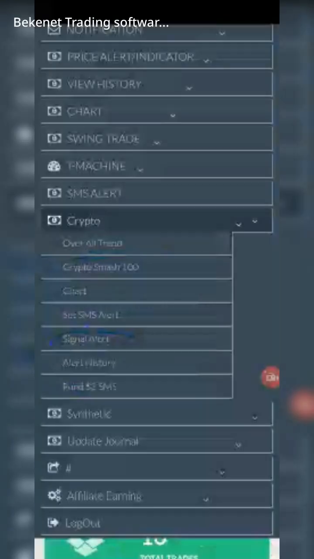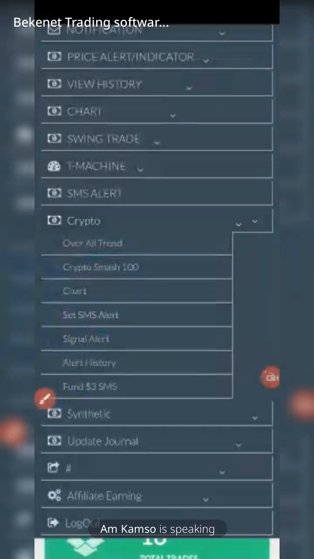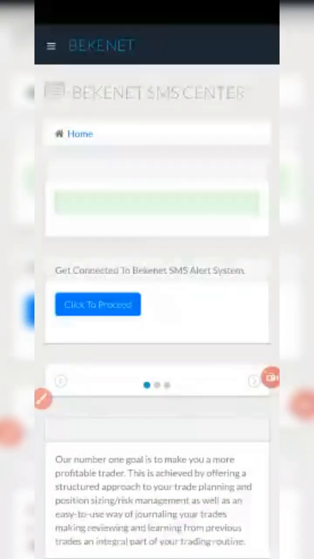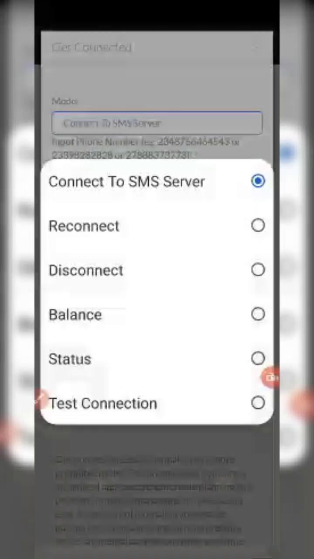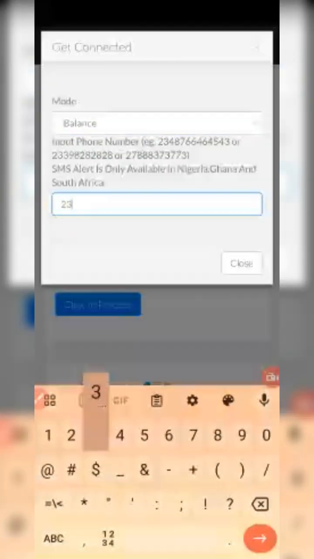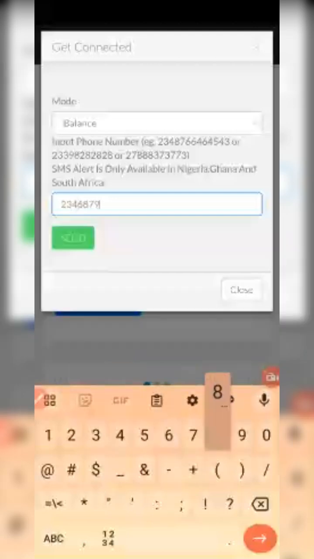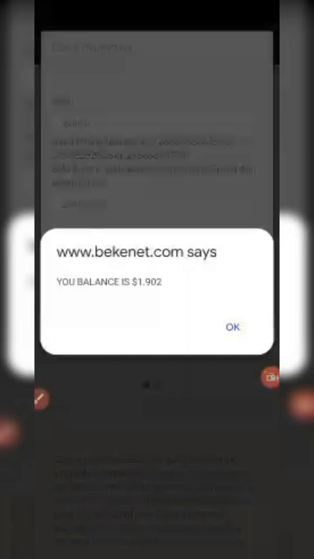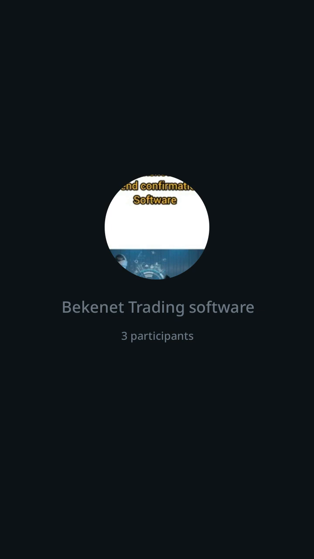Let me show you my own balance. I'll come here, I'll click here, set SMS. I'll click here, check my balance. Let me see if I still have money on crypto because it's been long since I did that. This is my balance, $1.20. This balance has nothing to do with me getting a signal. You understand? This balance is the money I'm paying to MTN because I'm using an MTN line.